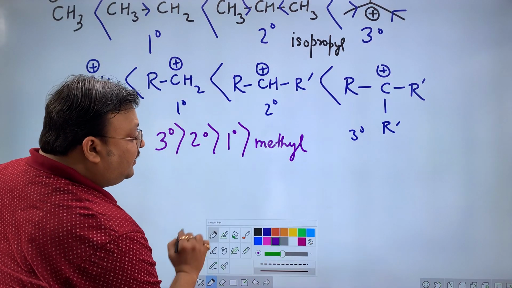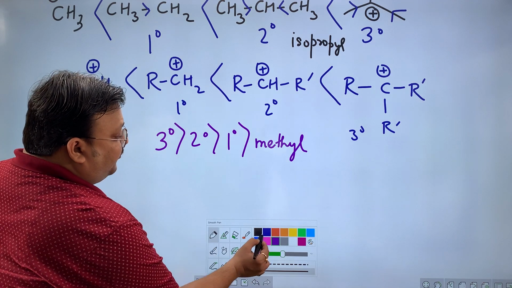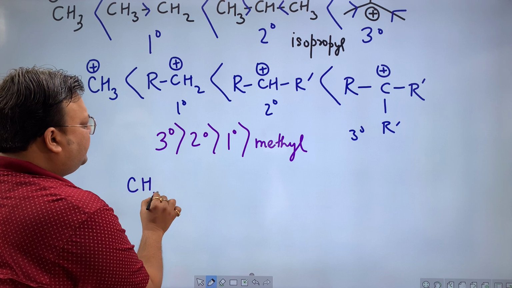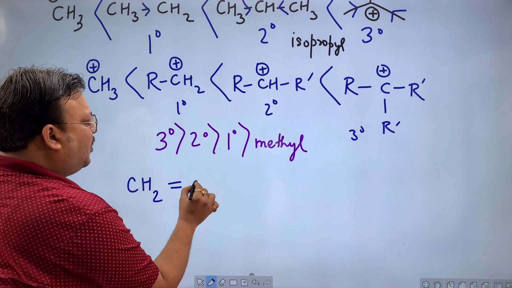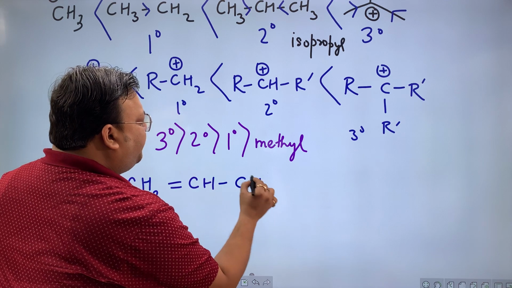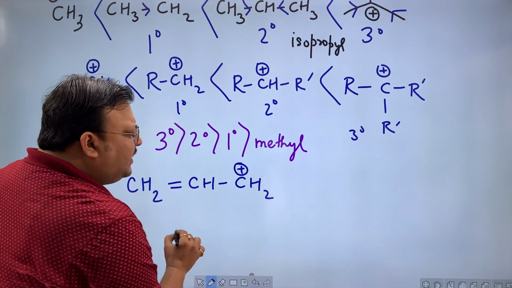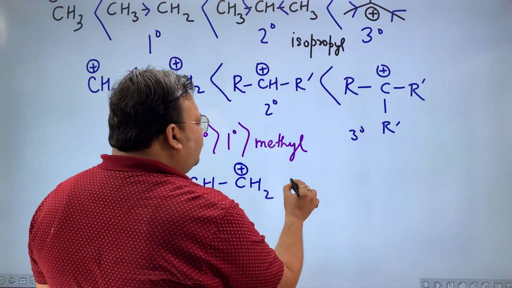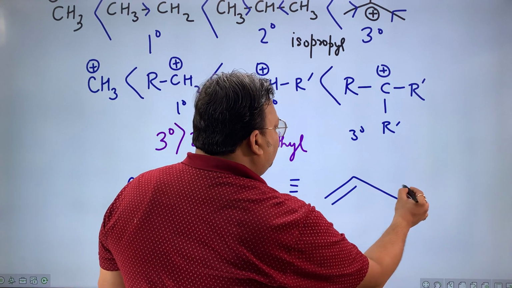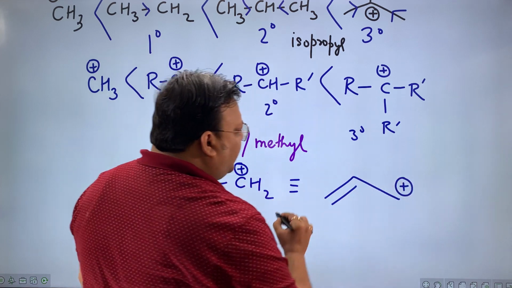Now there could be another type of carbocation. I'm going to write it like CH2 double bond CH2 plus, and sooner than later you would want to be good at drawing the bond line form.